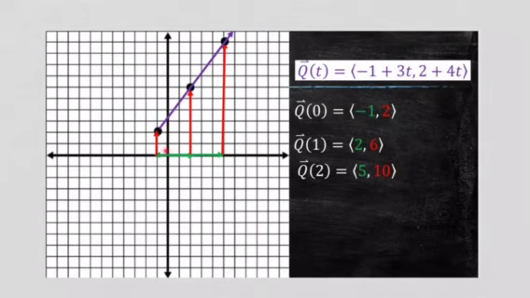It's pointing there, there, and there. As time goes on, Q(t) is pointing at all these different points that end up being on this diagonal line. If I went to Q(3), I would go over 3 more and up 4 more, and that would take me to the next point on this trajectory. So here's vector Q(t).